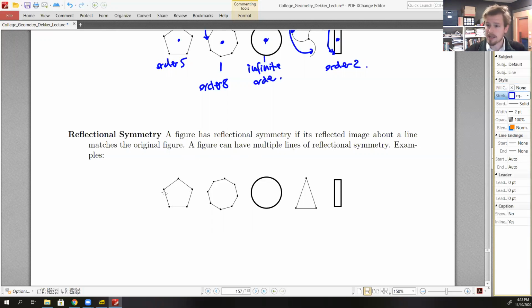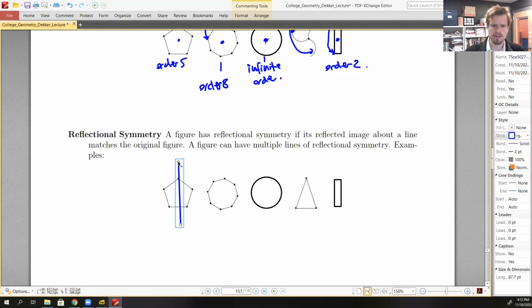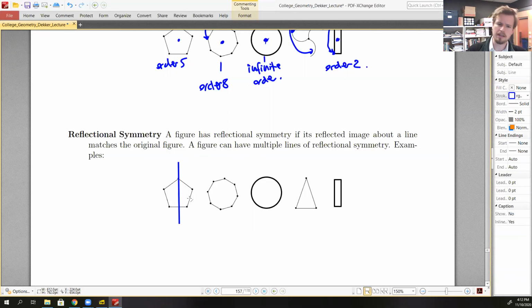For a pentagon, if I'm looking at a regular polygon with an odd number of sides, I can consider the line through the midpoint of a side and the opposite vertex. If I reflect it over this, left and right look the same, so I get the same thing back.